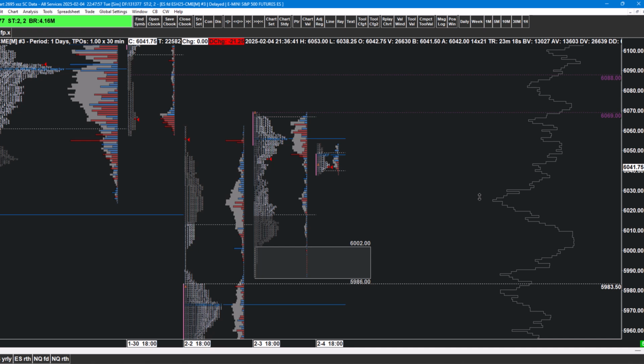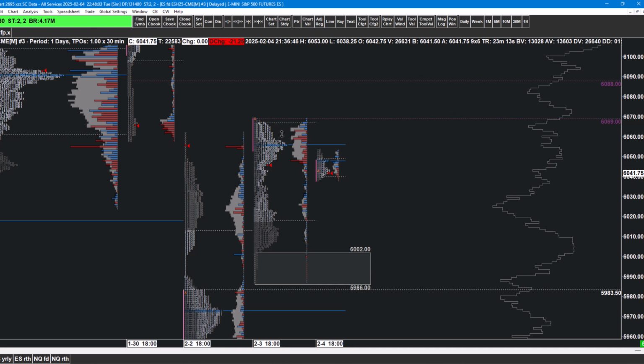So normally whenever I get on, I like to open up my Sierra, get on my market profile. I mainly look for, alright, is there anything noticeable? Something you need to understand is you always need to look for the support and the resistance. That's simplified.